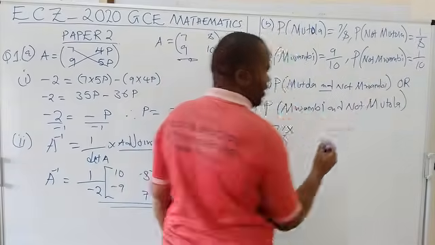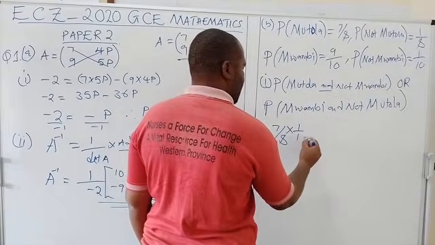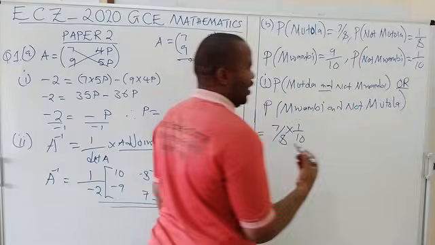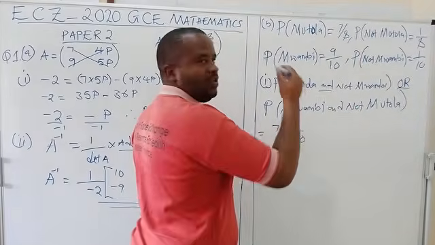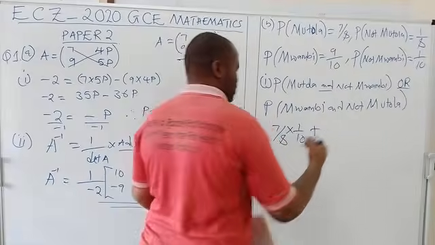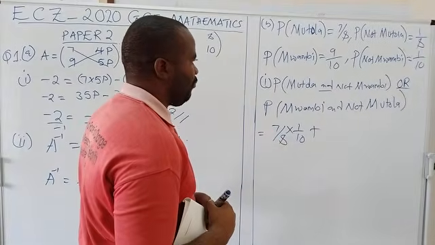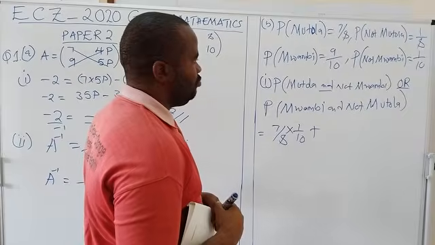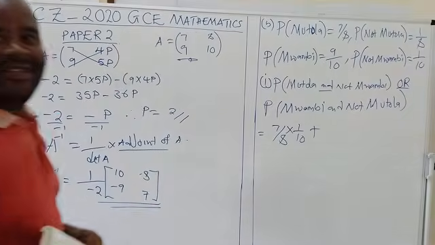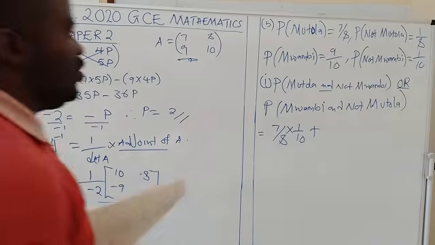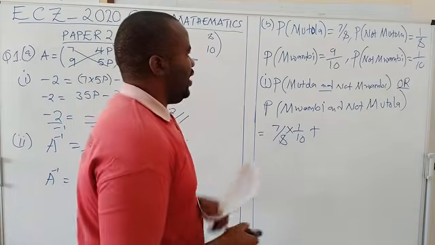Is 1/10. Okay? Plus this word or, we are going to say the probability that is this or that. So say plus. Okay? Meaning that these are what we call mutually exclusive events. Alright? Either this or that.